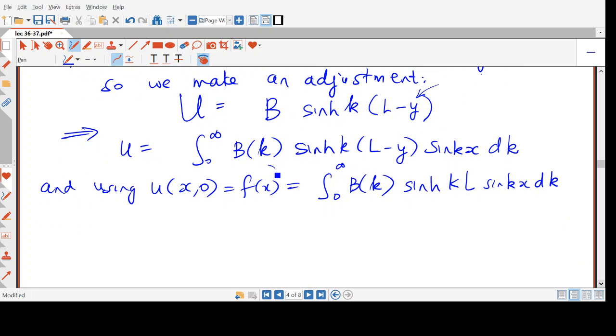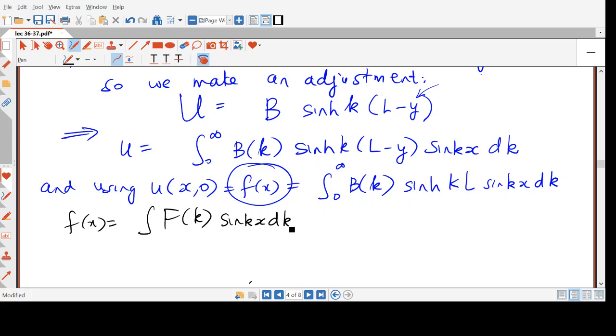Fine. So can we write this function f of x in the shape of an integral of that type? So you will recall that we can write f of x in the shape of the integral of some capital F of k sine kx dk from 0 to infinity, provided that this F of k is actually 2 over pi integral from 0 to infinity of f of x sine kx dx.